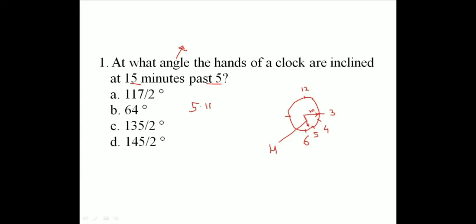We can see from the diagram that the position of the hour hand will be in between 5 and 6, and the minute hand will point exactly at 3. That is the time 5:15, right? So we are going to find the angle without using the formula. In the diagram we can see the angle, which I'm marking as angle theta.